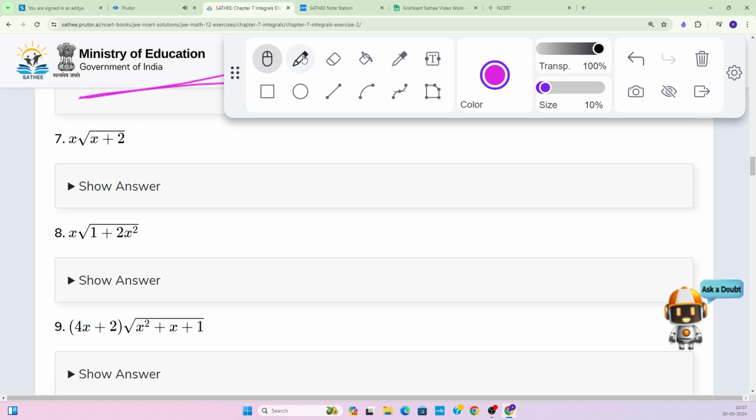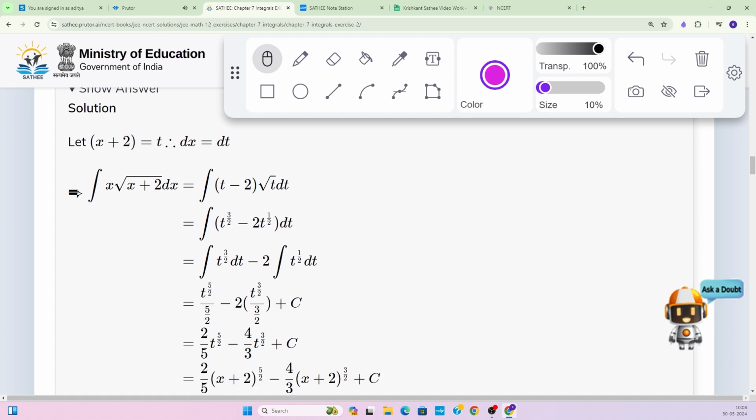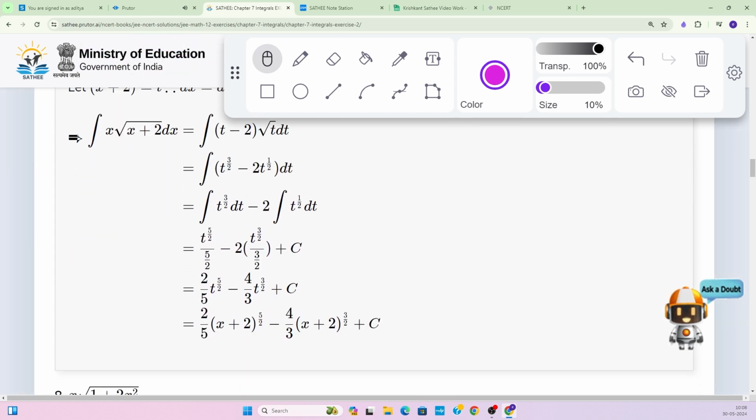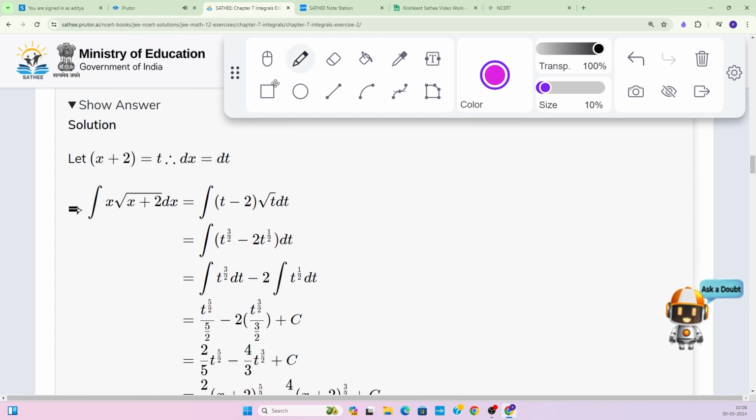The seventh problem says integrate x root (x plus 2). Clear? Now how can you integrate it? Very simple. Taking the inside of the root, x plus 2, as t, you will get dx is equal to dt. You can directly replace. So x plus 2 equals t, which means root t.